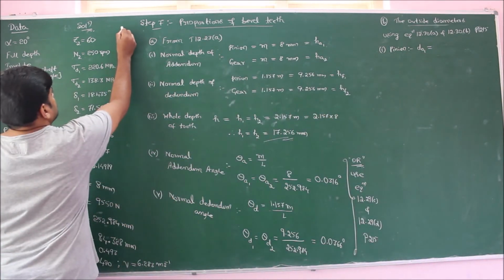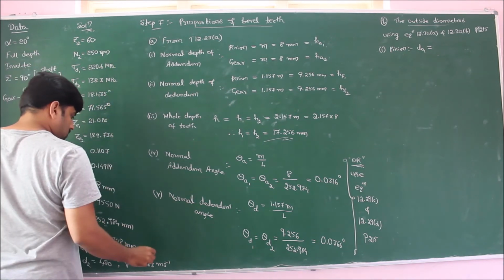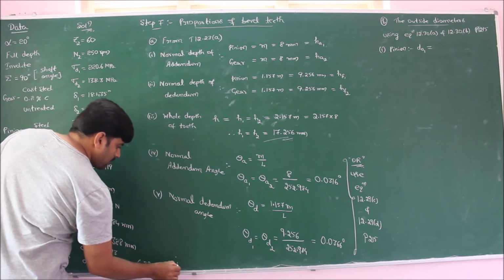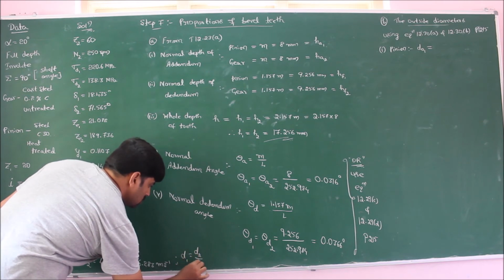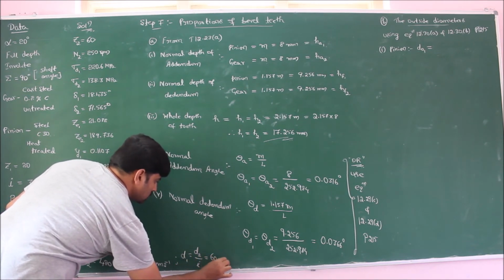For simplicity, let us note down the value of D1. So D1 is equal to D2 by i, which is 60 mm.